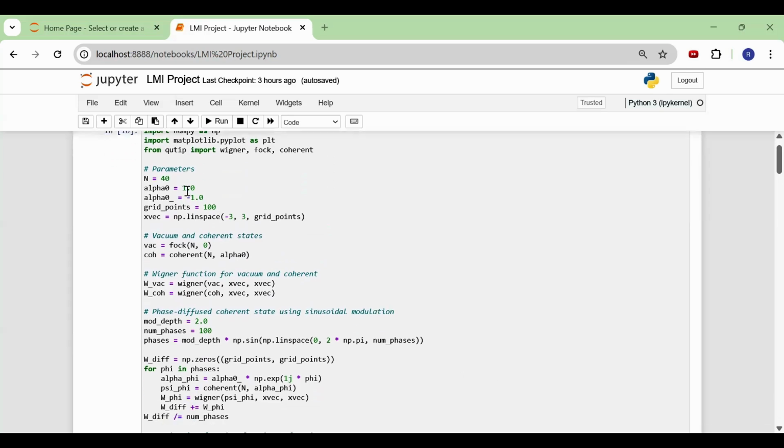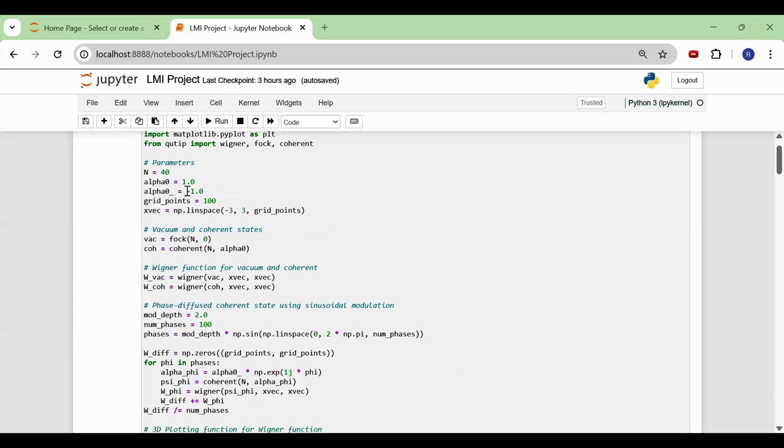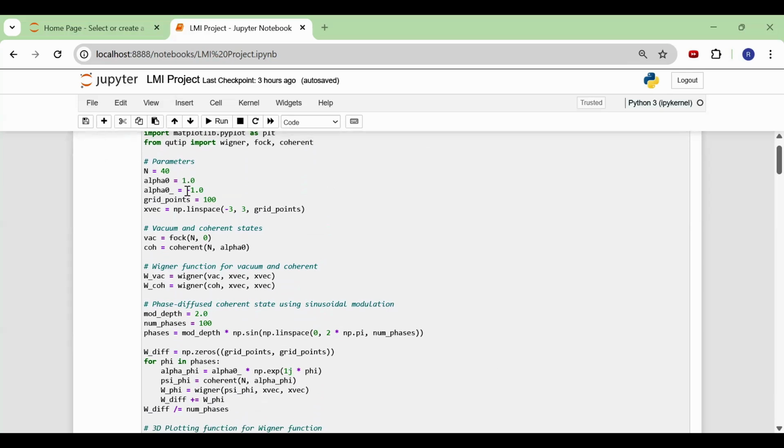Now I have defined the parameters like N, which is the number of states present in the basis, the number of terms used for the photon number calculation in the coherent state, and the number of states in a Fock basis truncated to 40.